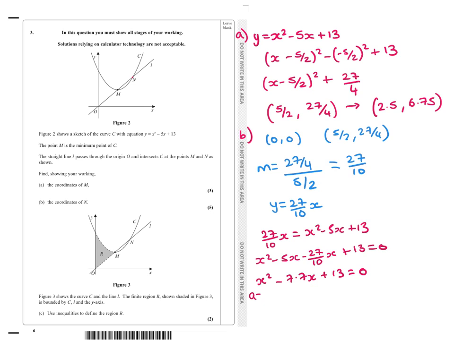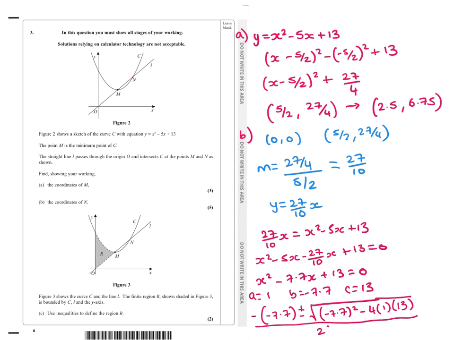So A equals 1, B equals minus 7.7, and C equals 13. So we're going to have minus B plus or minus the square root of B squared minus 4 lots of A lots of C, all over 2 lots of A.